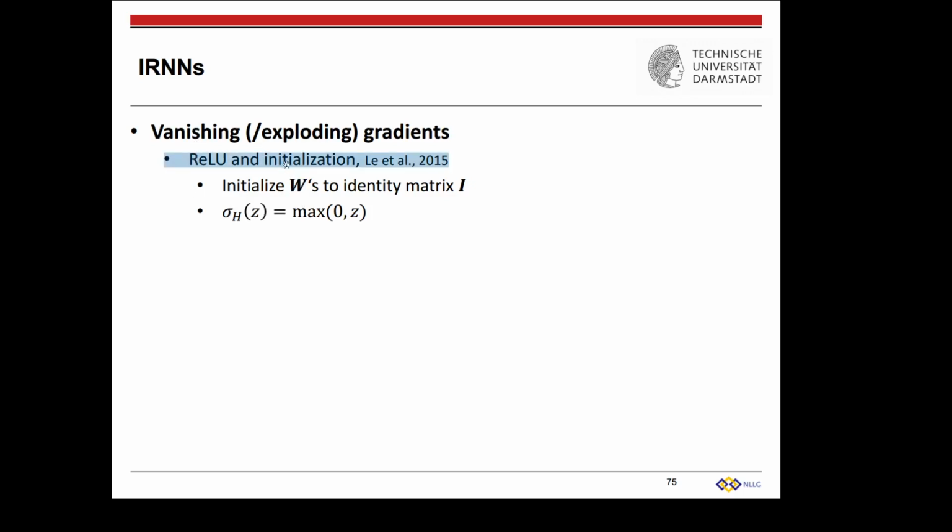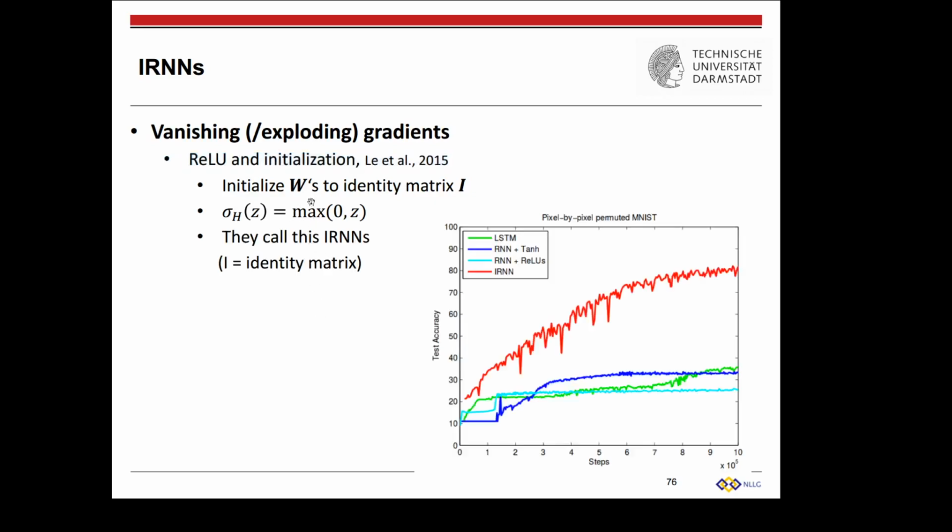So there's a paper where they call this IRNN, so it's just an RNN with this initialization of W and ReLU function. And what they show in their paper is if they use these IRNNs, they compare that on some task, and this is the accuracy on the test data over the epochs of the network.